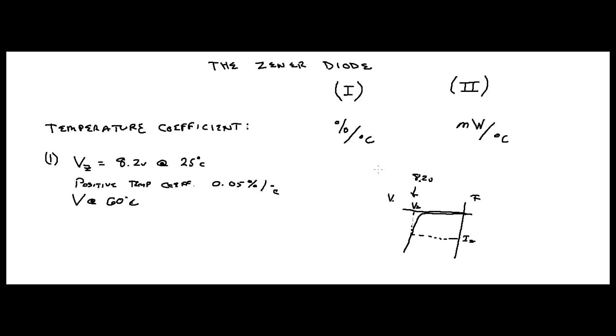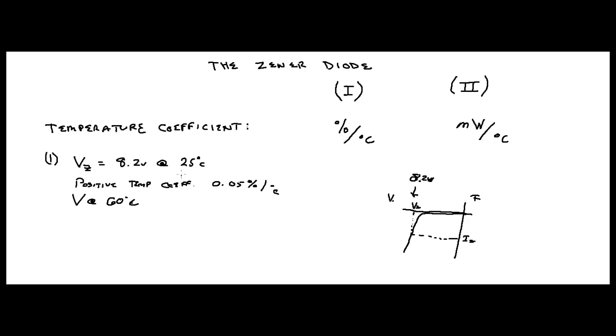Well, technically you might be correct when you say that, but just understand when we're saying VZ is 8.2, we know it's 8.2 and it's negative in its polarity, but we're worried about the magnitude right now, okay? That's an 8.2 and that is a voltage.